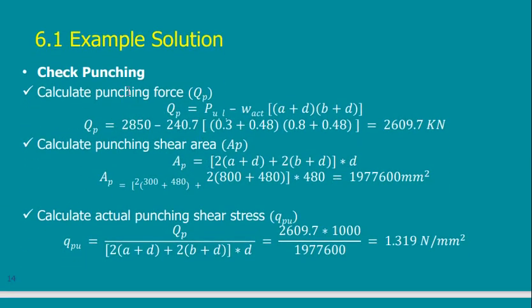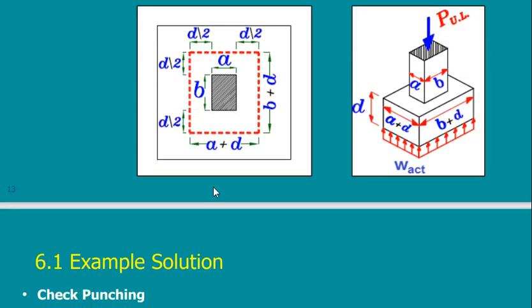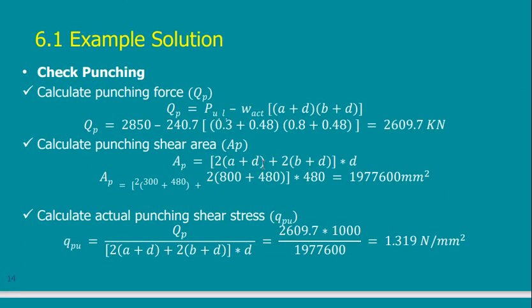So check punching, just calculate the load, and you will get a number. Of course, here it is a little bit complicated, because the area that will be sheared is not just a line, it's this square.